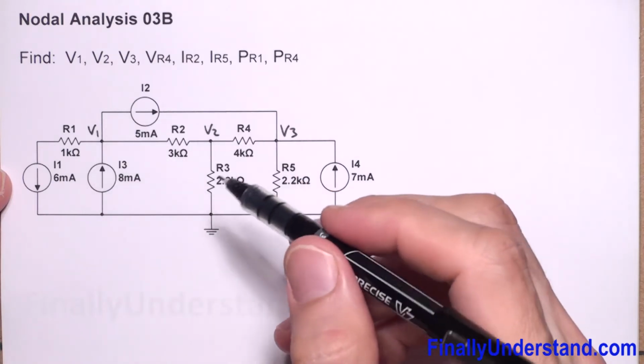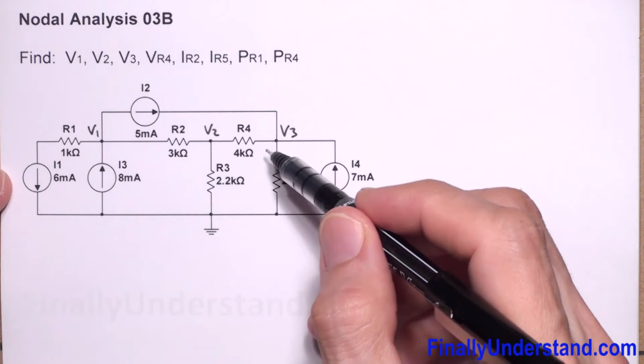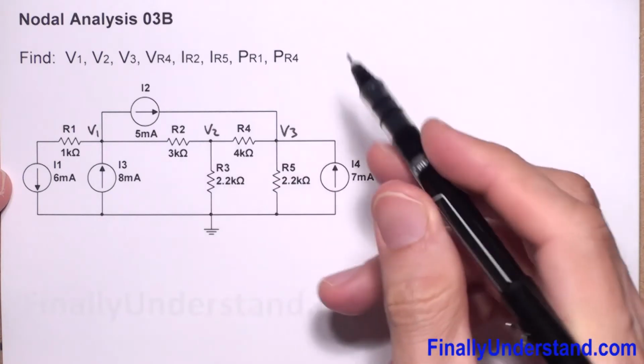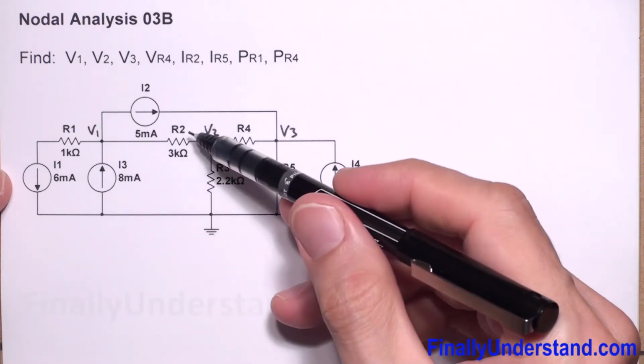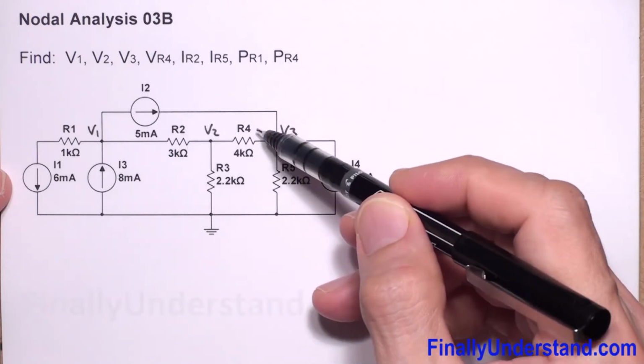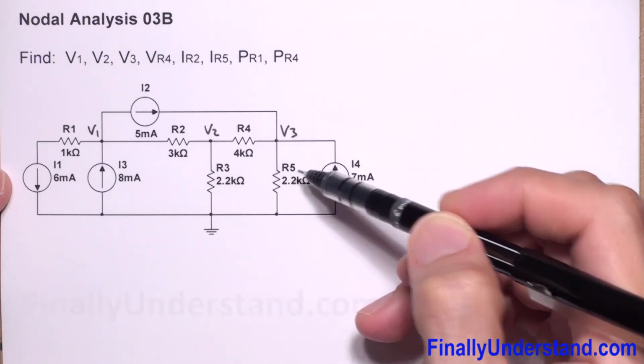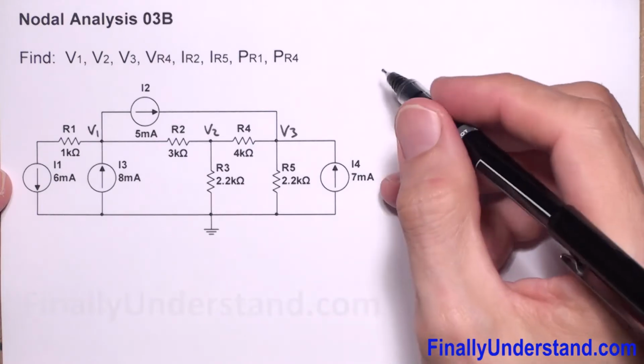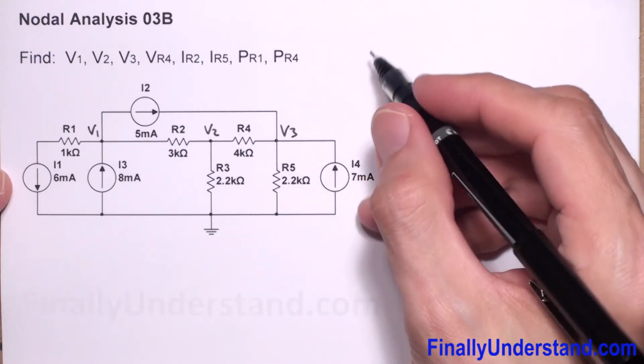So we are going to concentrate only on those which are not in series with the current sources. So we have to find Y2, Y3, Y4 and Y5.